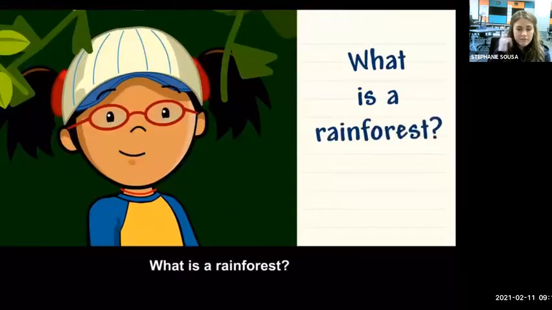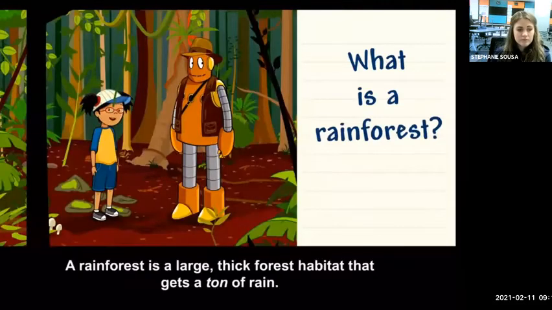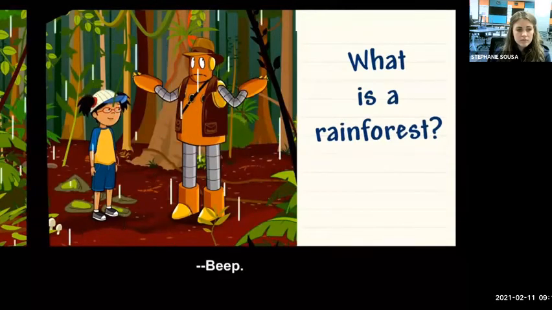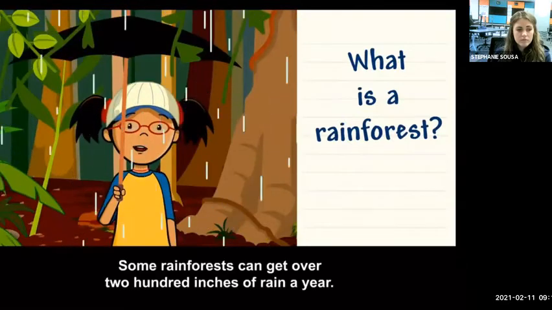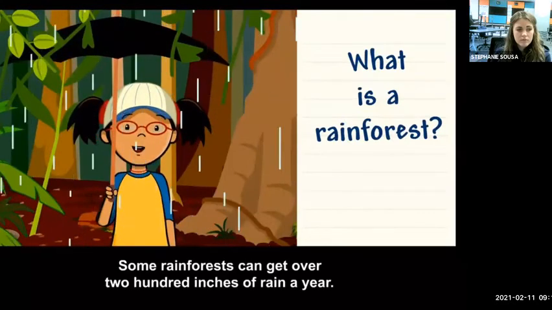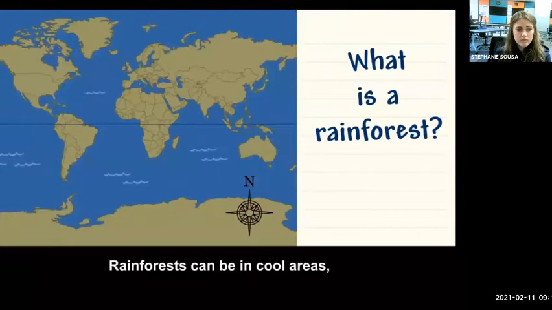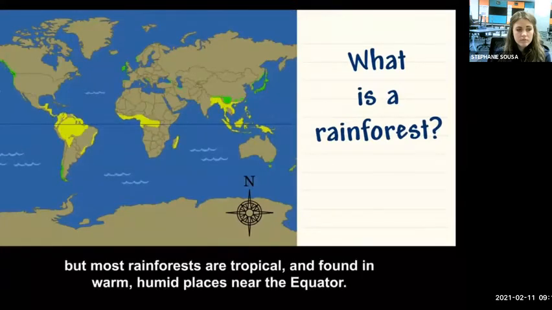Listen up. A rainforest is a large, thick forest habitat that gets a ton of rain. Some rainforests can get over 200 inches of rain a year. Rainforests can be in cool areas, but most rainforests are tropical and found in warm, humid places near the equator.